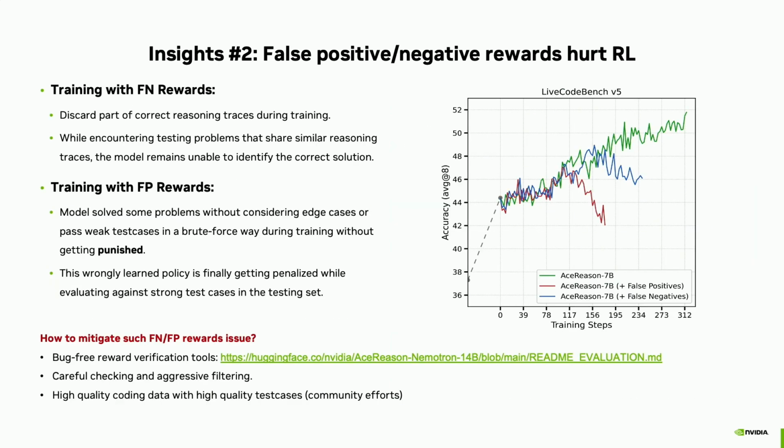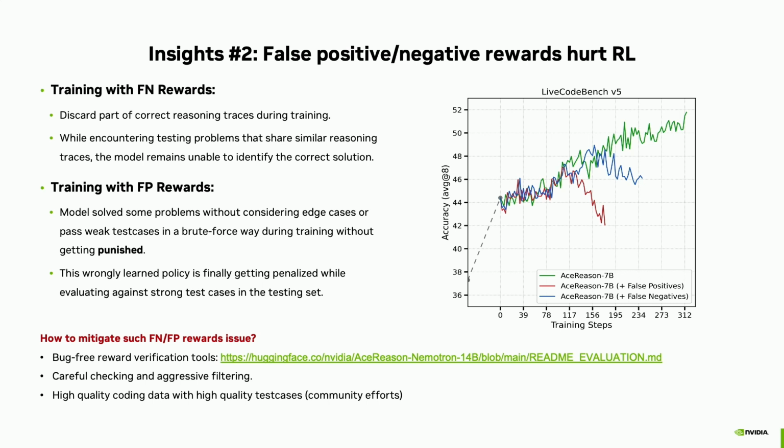We did some interesting experiments on identifying how false positive and false negative rewards would hurt RL. As we can see in this curve, the green curve refers to our training set without any false positives or negatives. The red one is with false positives, and the blue one is with false negatives.